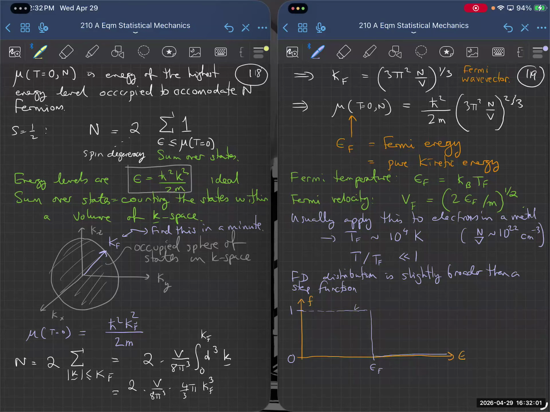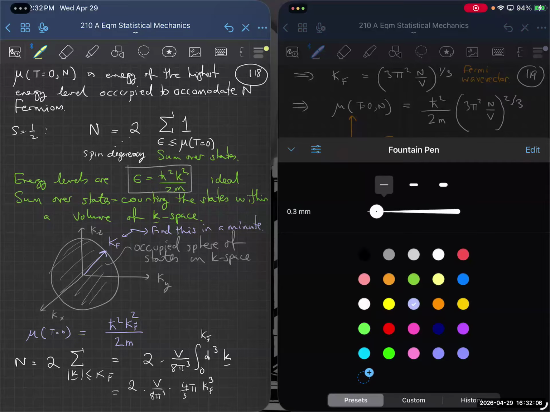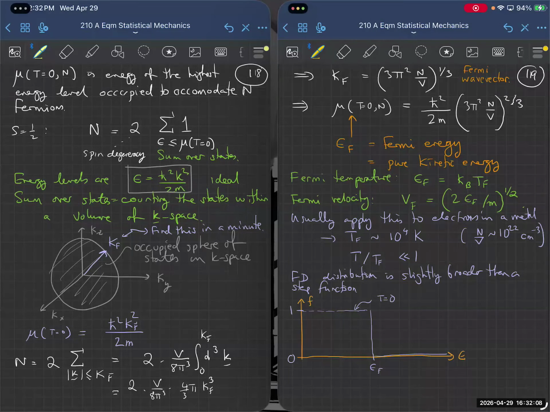So that's what happens at T equals 0. And now if I'm at a somewhat higher temperature, then it's going to look something like this. It's not a very good drawing, but it's something like that.